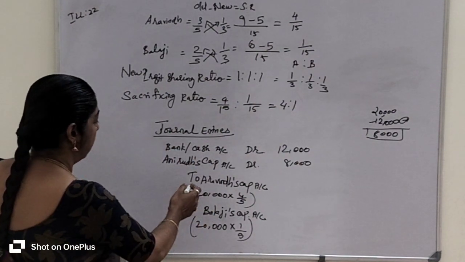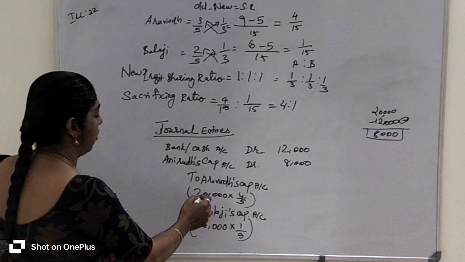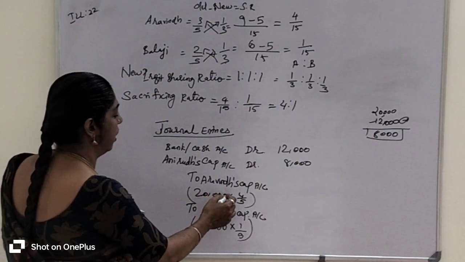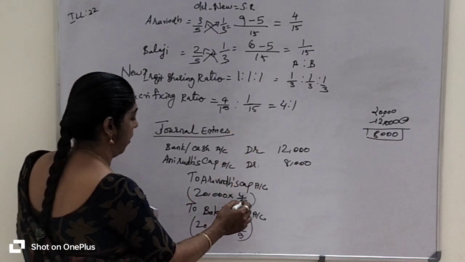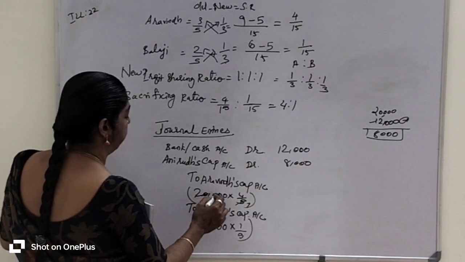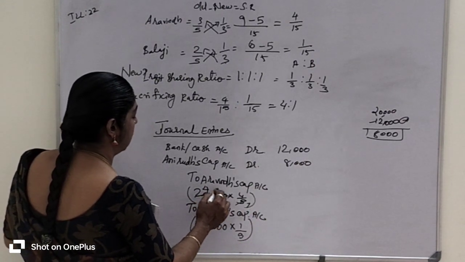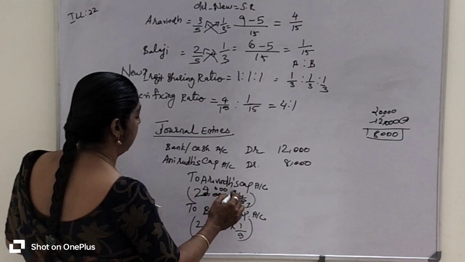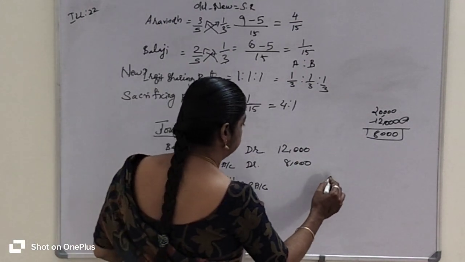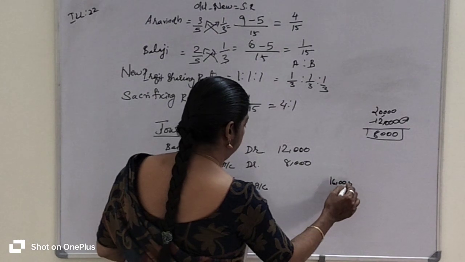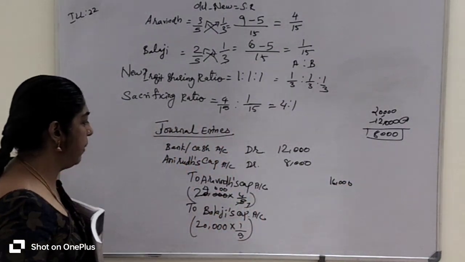So let's take Aravind's capital account: 20,000 into 4 by 5. 1 5 is 5, 4 5s are 20, remaining 3 zeros to be added here, 4 4s are 16. 16,000 rupees for Aravind's capital account.